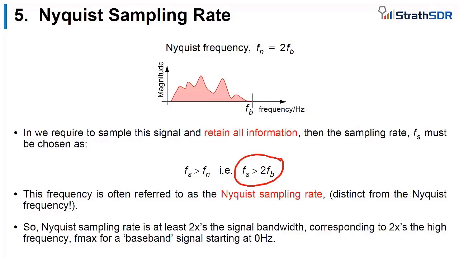Now, sometimes people say that Nyquist sampling rate is sampling greater than twice the maximum frequency. Now, of course, that's only the case if your signal maybe starts round about baseband or 0 Hertz and goes all the way to some maximum value FB in this case. So sometimes you'll hear Nyquist sampling theorem is twice the maximum frequency, but it's more correctly twice the bandwidth of the signal.